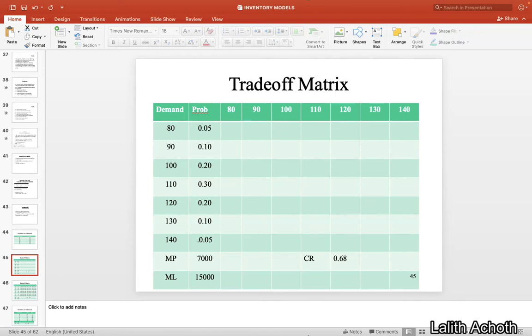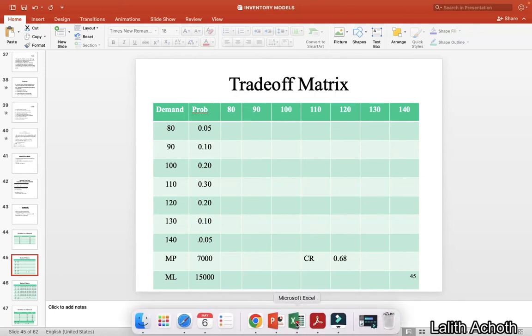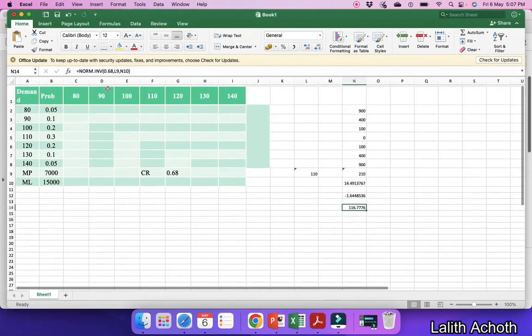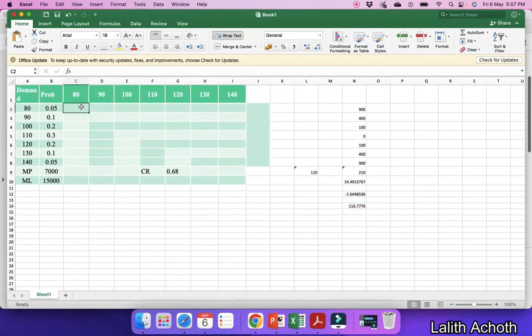I'll just show you in an Excel sheet how this is done. Okay, the same data I've got over here. So what I'll do is, I'll say equal to 80 multiplied by 7,000, because he is able to sell the entire quantity. There is no loss. I will fix this with F4 and I can drag it.